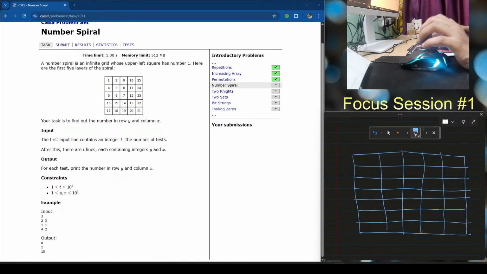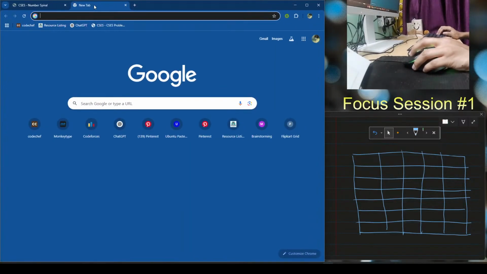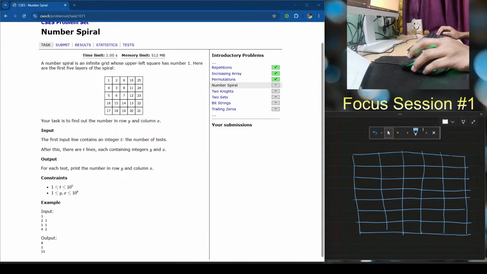Oh, by the way, I forgot to check if someone is chatting or not. So I will check YouTube Studio if it is working fine or not. Okay, as usual, zero views. Never mind. Let's just keep on the grind then.